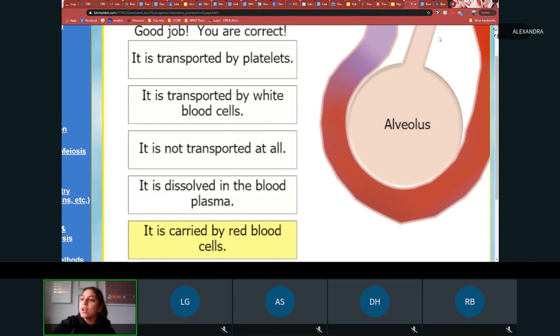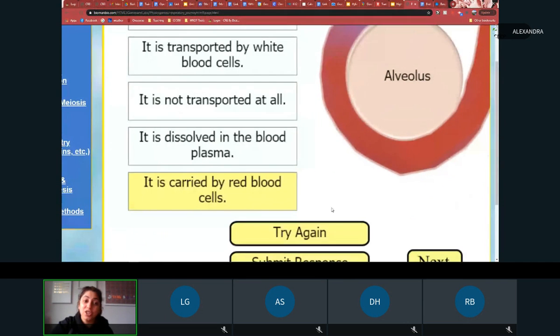That log is the red blood cells, and the hemoglobin is the seats in the log. So the red blood cells take the oxygen where it needs to go until it does its thing, and then they get carried back to the lungs to be released.